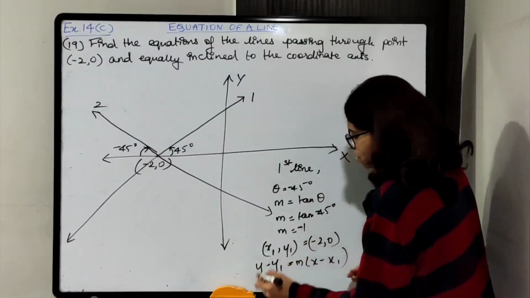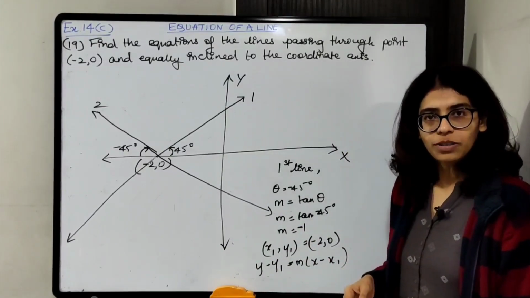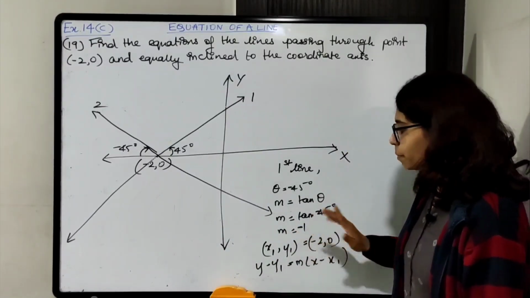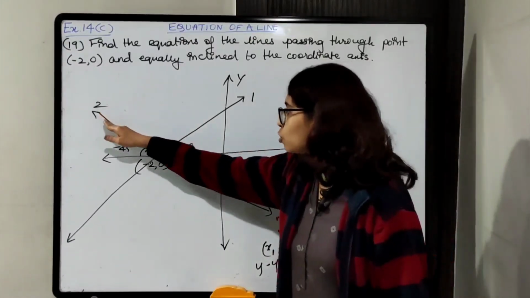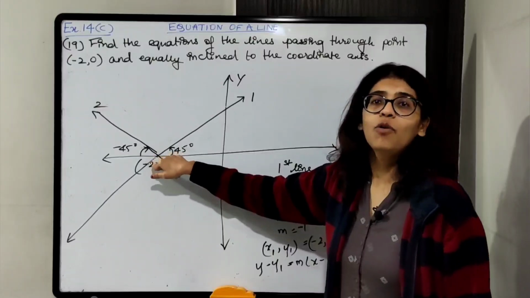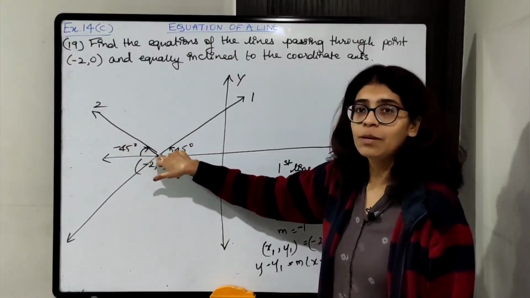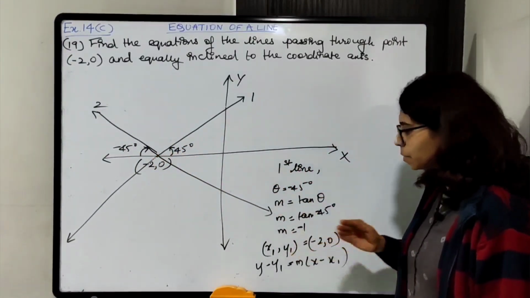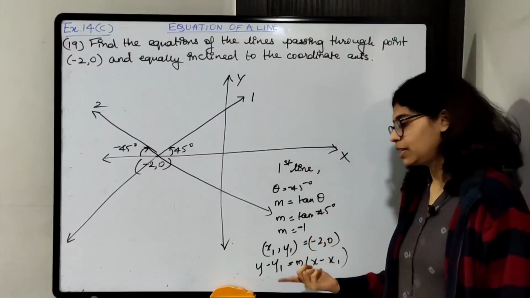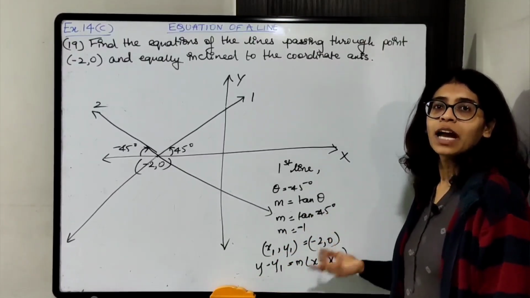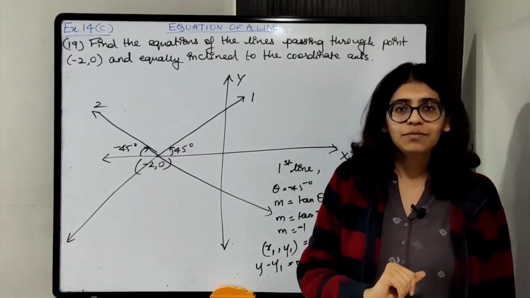So you will get the slope as minus 1. x1, y1 same hai because this line is also passing through that same point. Both the lines are passing through that same point, so the point ka coordinates bhi pata hai. You know the slope, you know the point ka coordinates. Use this formula and find out the equation of the line.